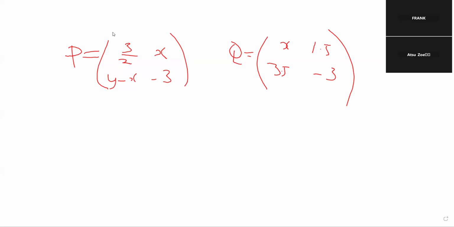You are finding the values of x and y. So what's x, what's y? X is 1.5. How about y? Y is equal to 3.5 plus 1.5. That's 5.